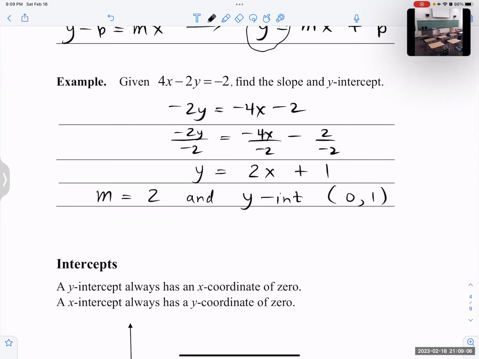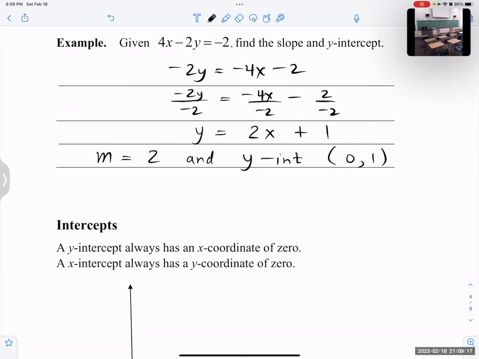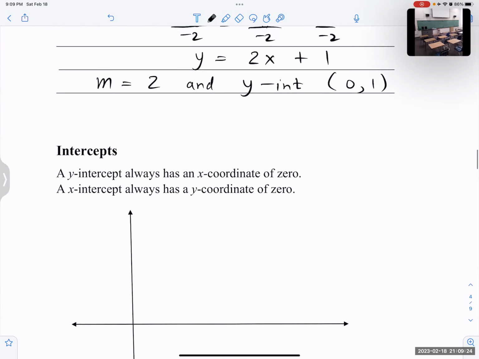Intercepts are intersection points of a graph and the coordinate axes. So wherever a graph crosses the x or y axis, those are intercepts. And a y-intercept will always have an x coordinate of 0, and an x-intercept will always have a y coordinate of 0.